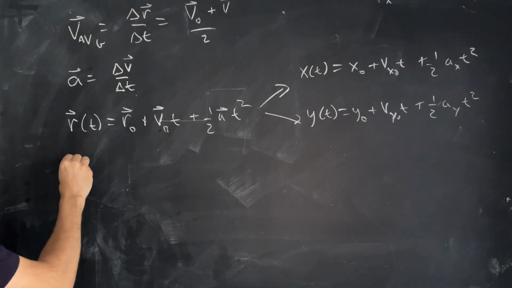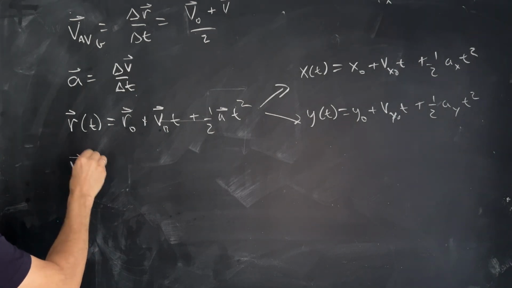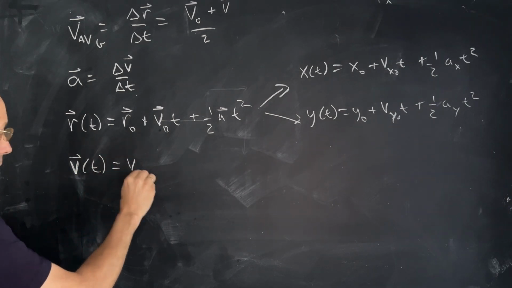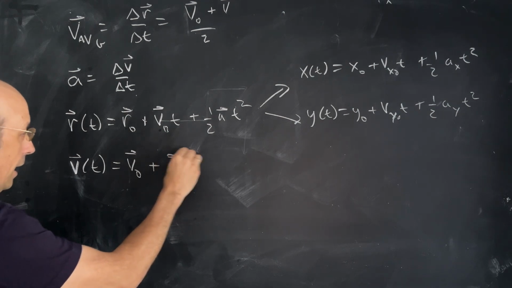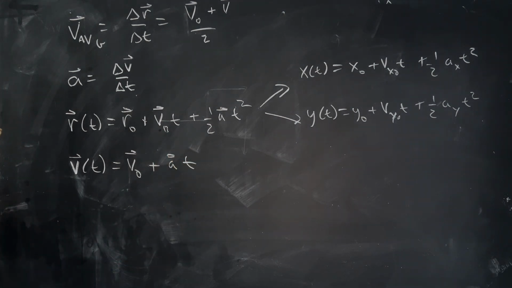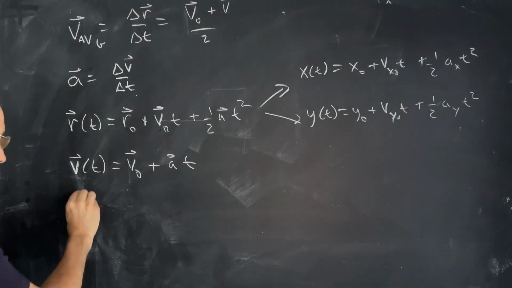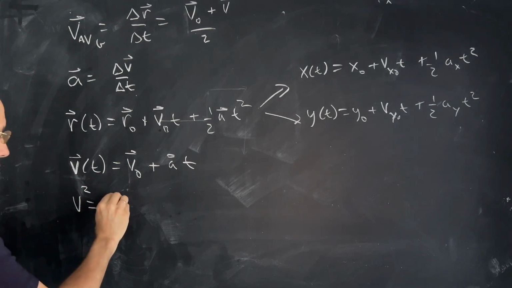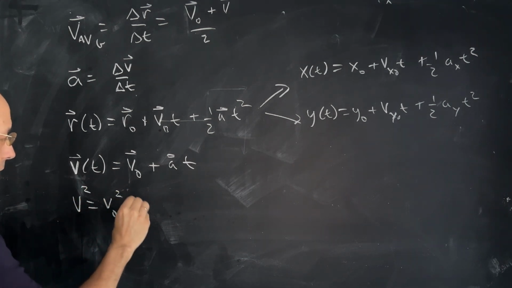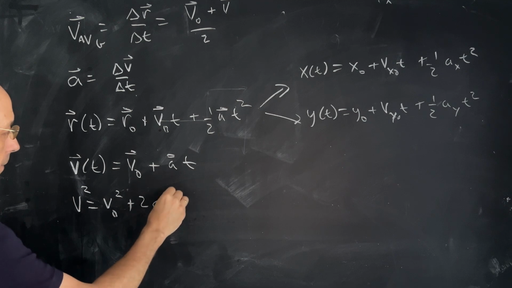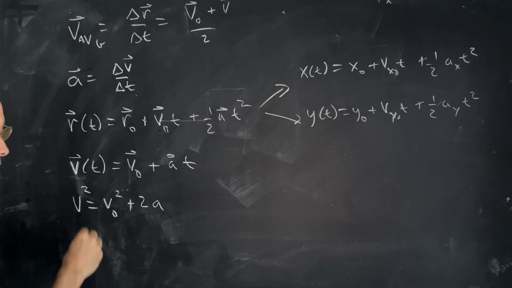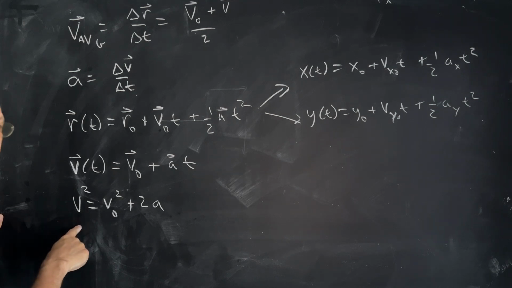And then I have the other kinematic equation. v is v naught plus a t, right? That's a vector. And then the last one is actually not a vector equation because it's squared. Actually, this one you should probably just do in two dimensions because you can't square a vector.